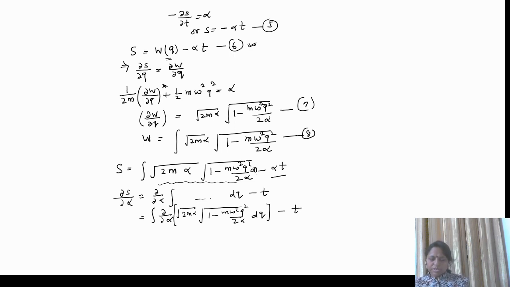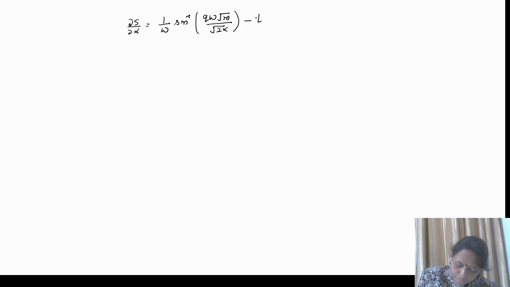You can easily solve it and you can get ∂S/∂alpha to be 1 upon omega sine inverse of q omega root m upon root 2 alpha. You may solve it. Now what is this ∂S/∂alpha? This is beta. So you get this expression.